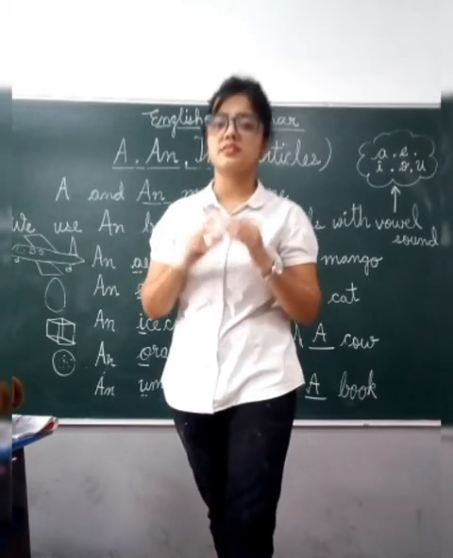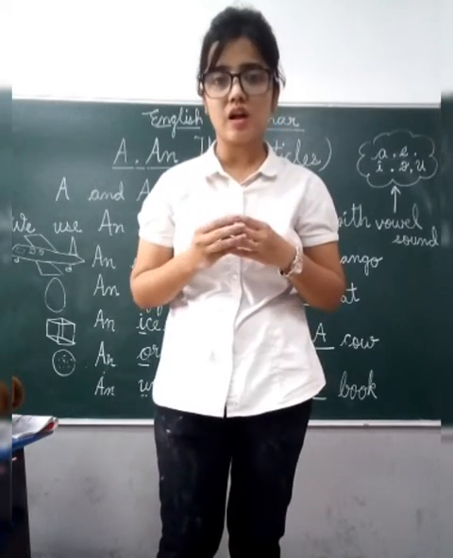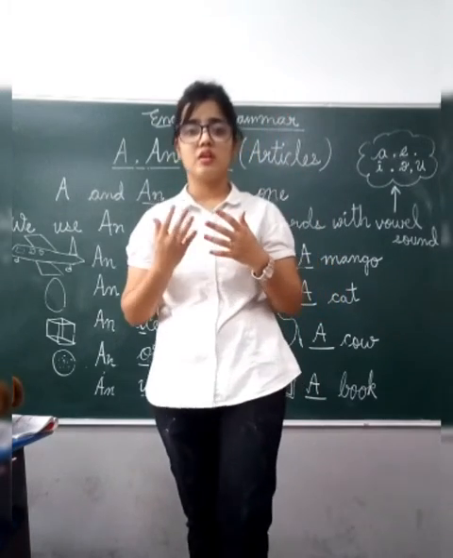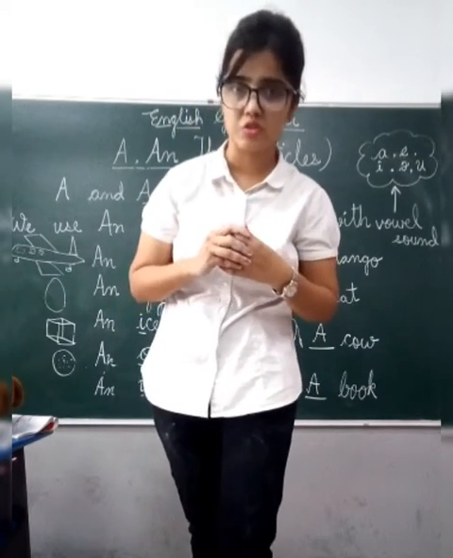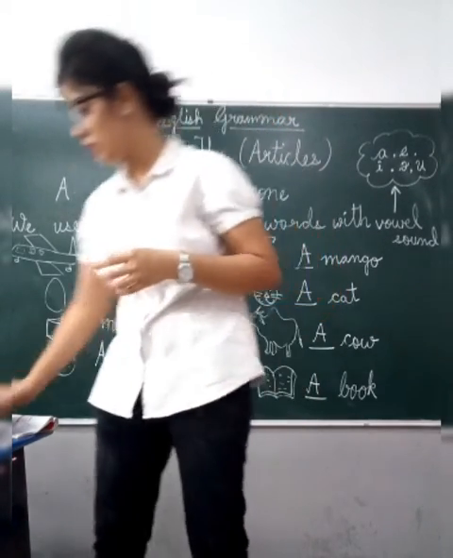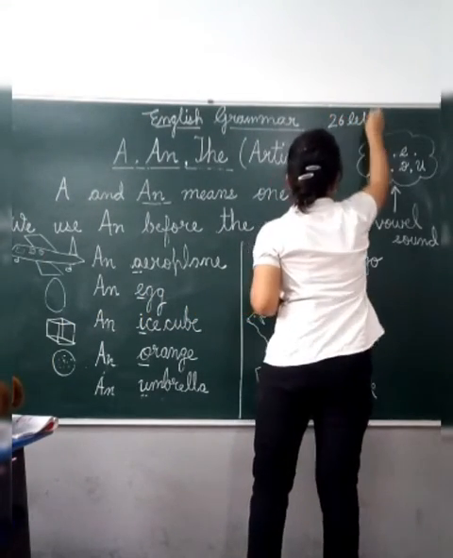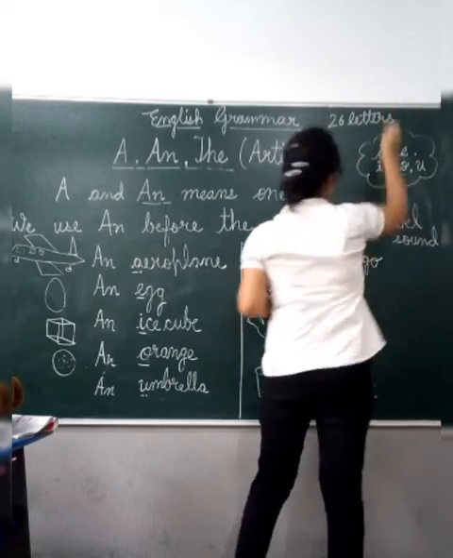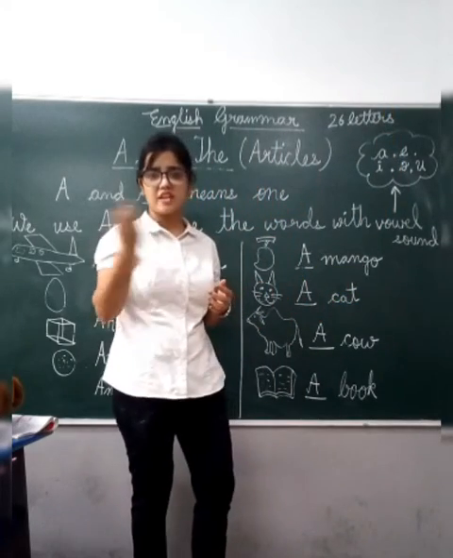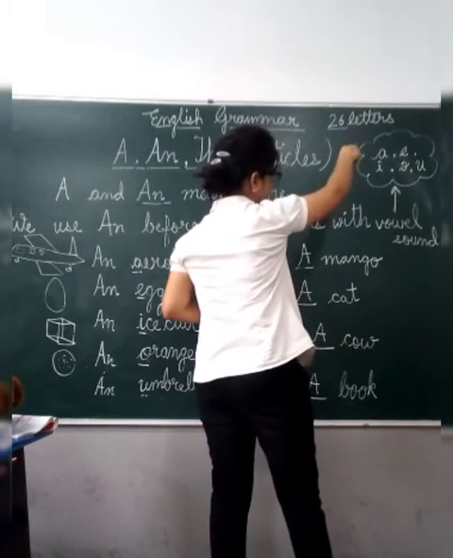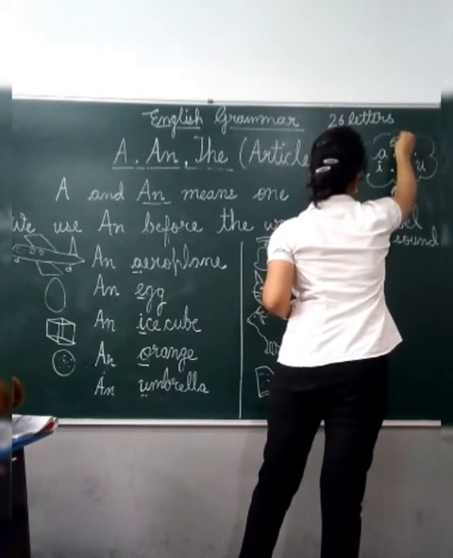Now those letters which don't start with vowel sound are called consonants. Okay, so you have learned that there are 26 letters in the English alphabet, A to Z, and among those 26 letters, 5 are the vowels.